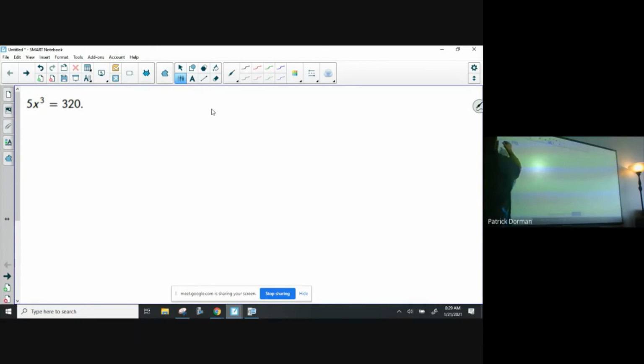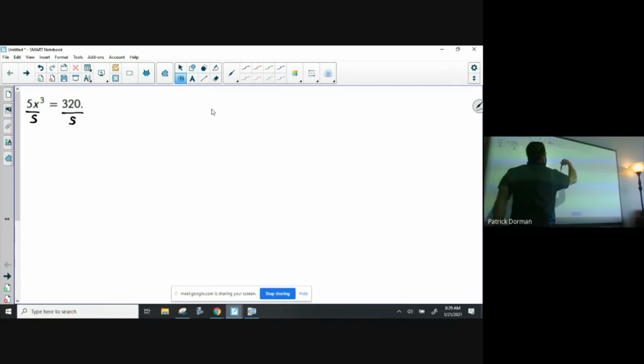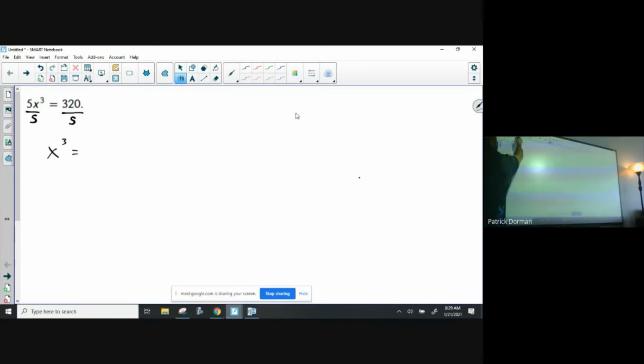All right, so the first thing I want to do is divide both sides by 5 to get rid of that 5, that coefficient there. So I get that x cubed is equal to, let's see, 5 goes into 32, 6 times, 2, 4, 64. Right, that's a 2 there. So that's the shorthand way of doing division. All right, hey, something times itself 3 times is 64.